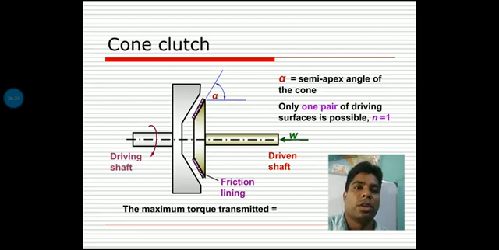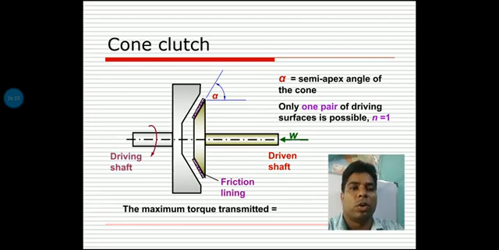In your problem, alpha is considered as a semi-cone angle, because the upper portion has alpha and the lower portion has another alpha, so alpha plus alpha is 2 alpha. That 2 alpha is known as the cone angle, and alpha is known as the semi-cone angle.